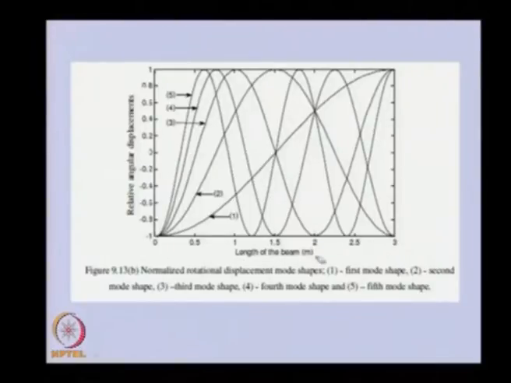Basically, this horizontal axis represents the length of the beam, and this is the amplitude of the displacement. Because mode shapes are always relative, we have scaled them to a nice number like 1 and -1, and this is the length of the beam.